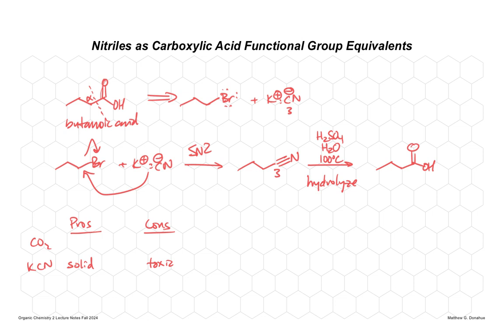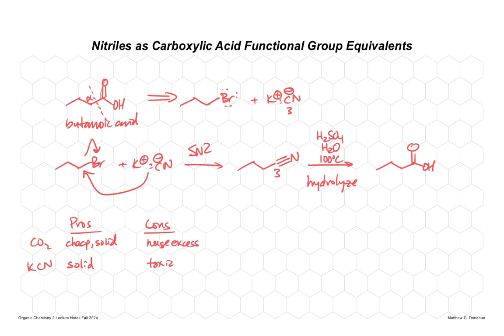Pros for CO2. When I say CO2, the easiest thing to use is just dry ice. You can use CO2 gas, but then you're bubbling things, and that can be a challenge. So it's cheap, it's a solid. Cons, normally you're using a huge excess.